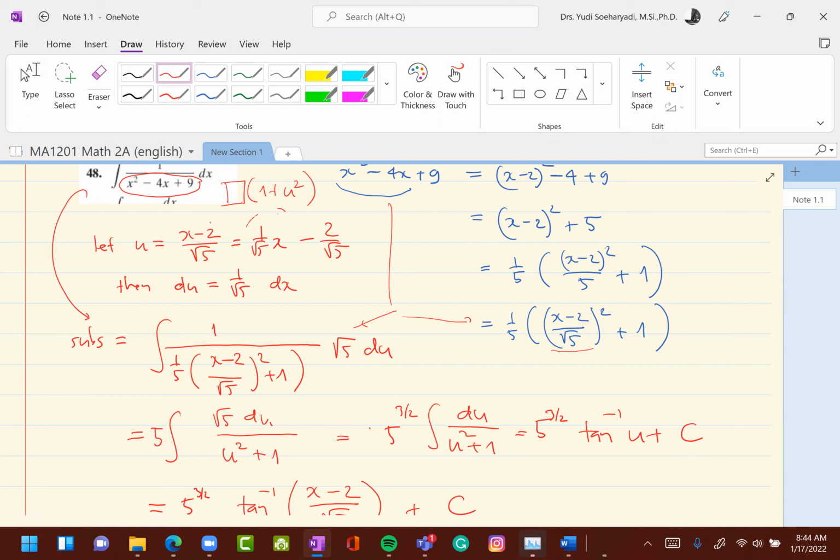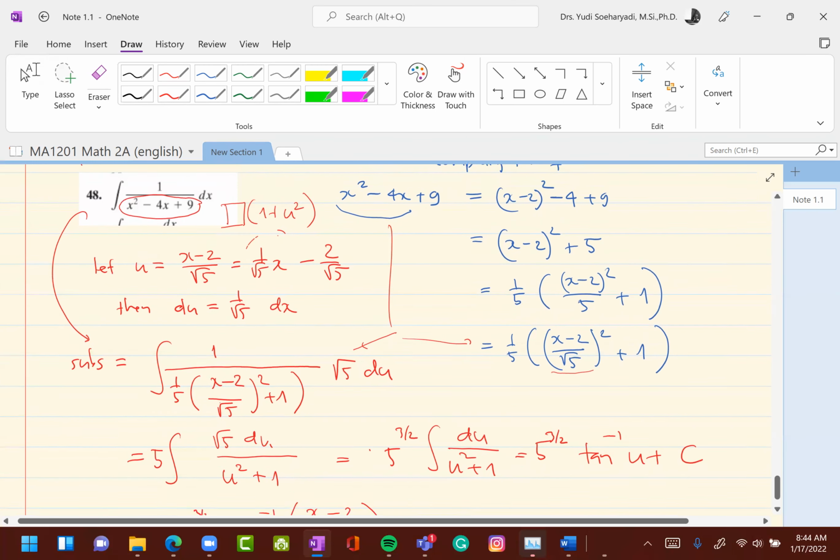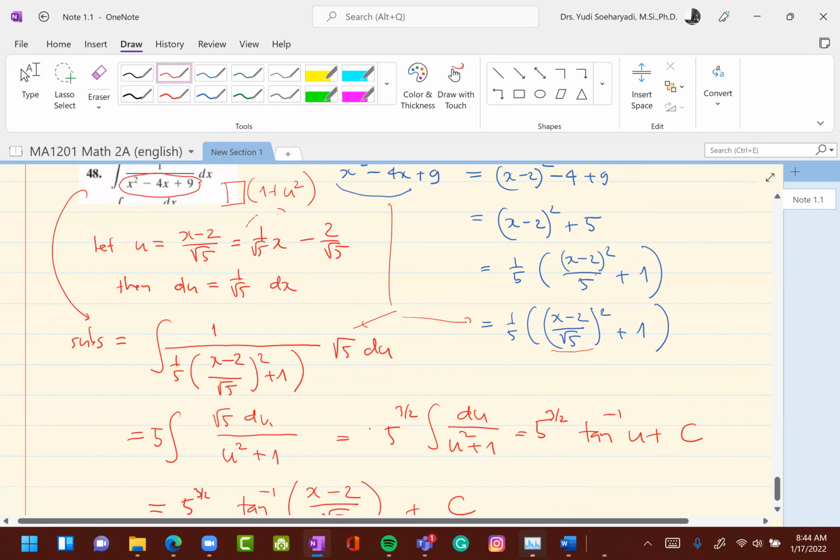But how did you get 1 over 5? Because when you open the brackets, shouldn't it be x minus 2 squared over 25 plus 1 over 5? We work backward here.